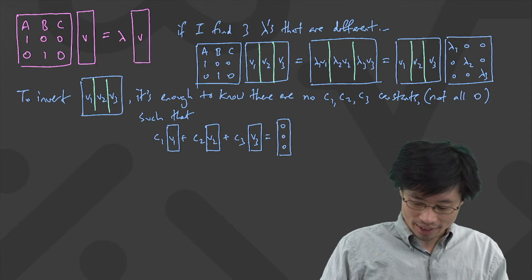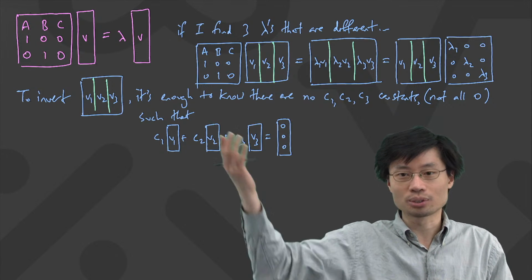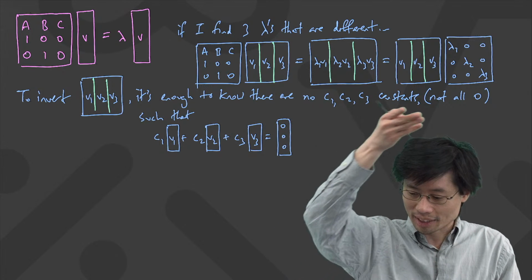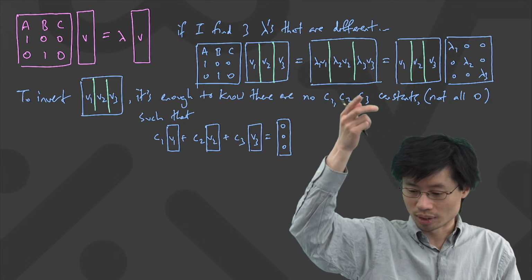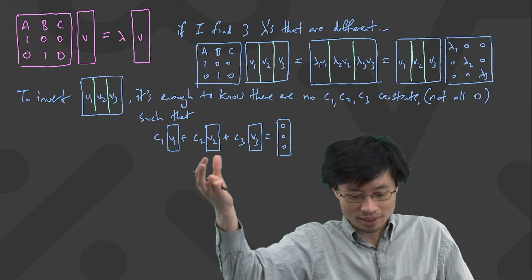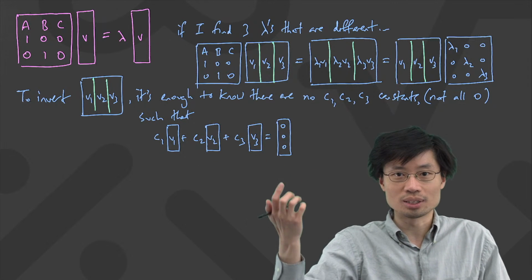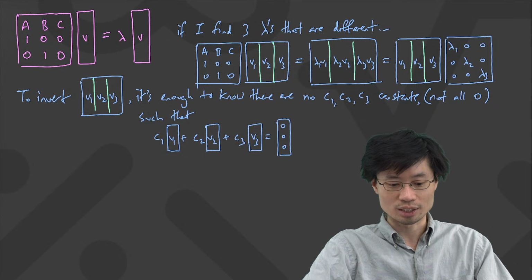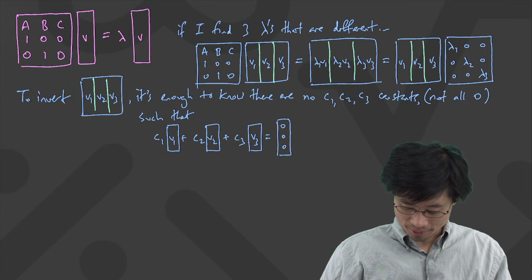Suppose we're supposed to show that whenever you have this thing, with the coefficients not all 0, there's no way to do this. Prove by contradiction. Assume that I have C1, C2, and C3 multiplied by this, giving me 0, 0. Assume that for the sake of contradiction, and then let's see what happens.